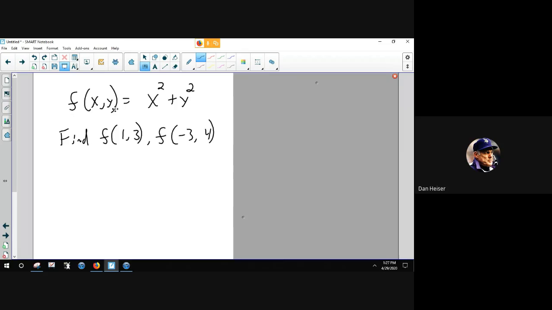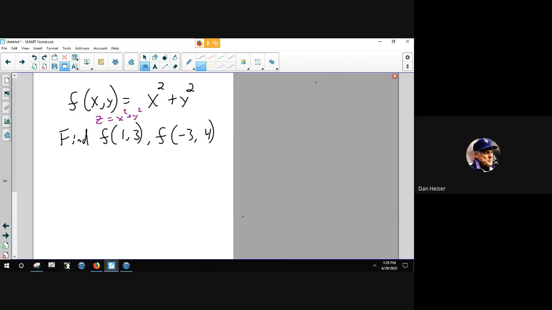Normally when we have f of x, we've been able to rewrite that and say it's y equals. Well, now we have 2 things going into the function. We have an x and a y going in. So this is no longer a y equals equation. It's what's called z equals. If I were to rewrite this to try to graph, I would get z equals x squared plus y squared.